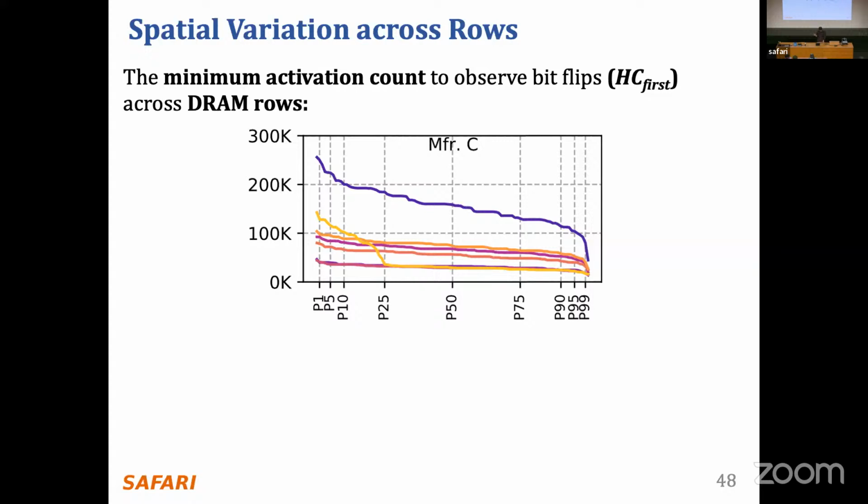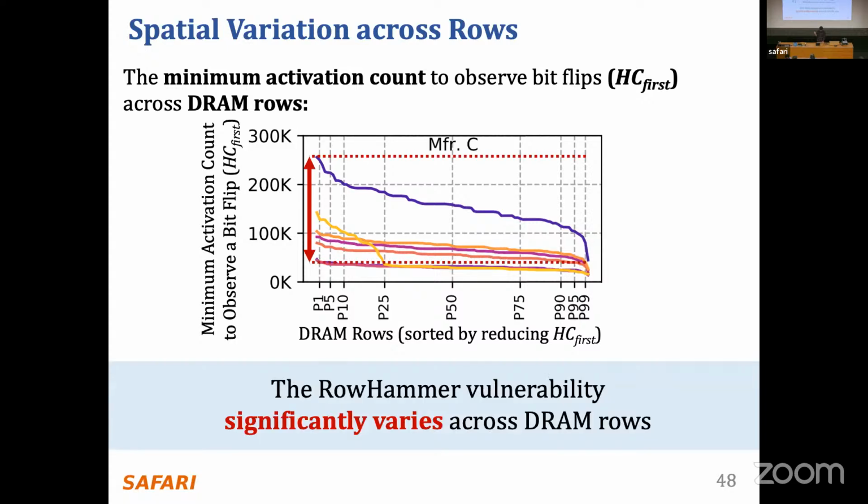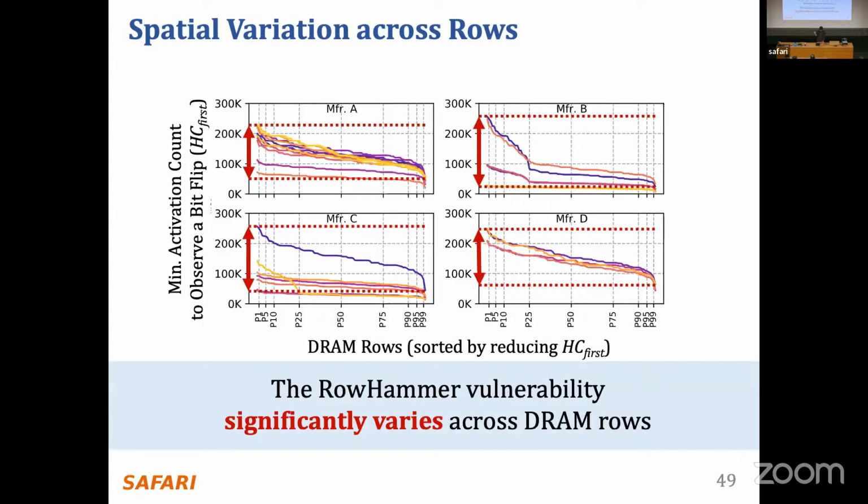It can be as high as 2x or even 3x, as shown in this figure. So we conclude that the RowHammer vulnerability significantly varies across DRAM rows.